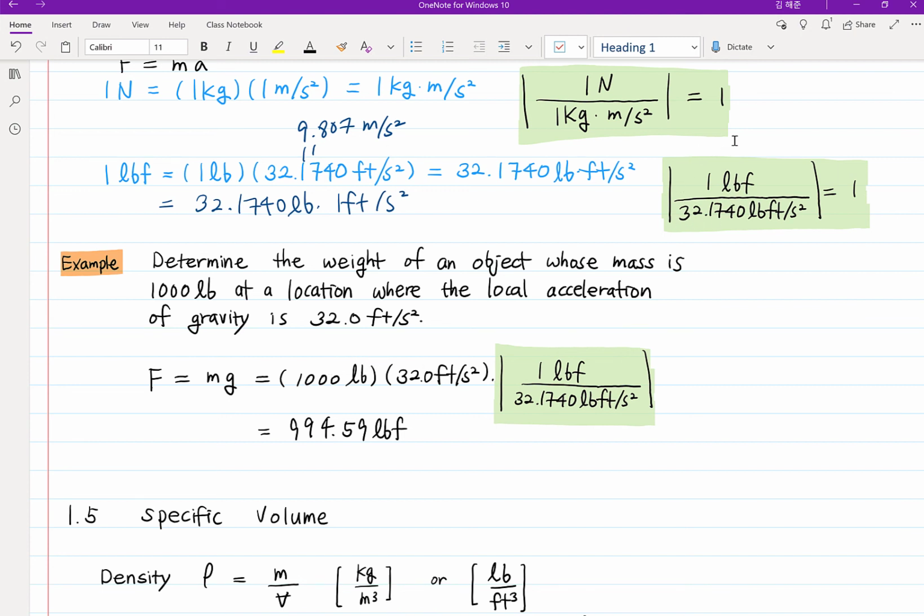So use this unit conversion: 1 pound force divided by 32.1740 pound mass feet per second squared. This equals 1. So F is calculated in terms of pound force.